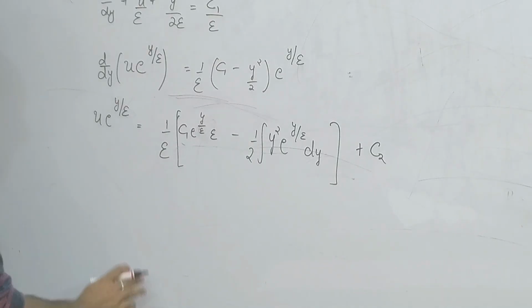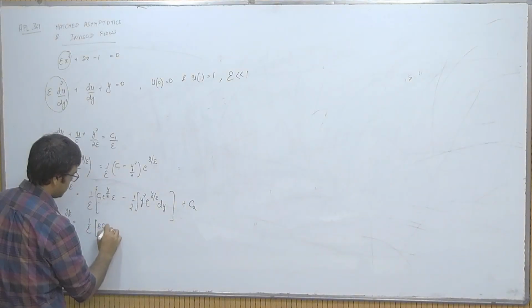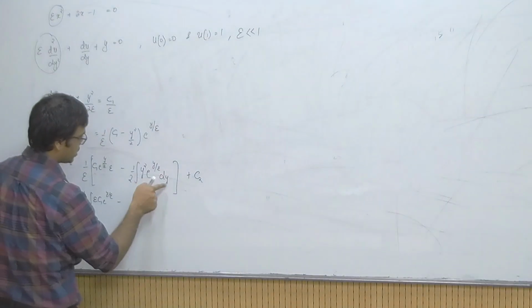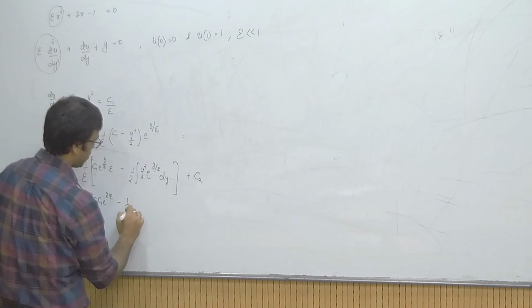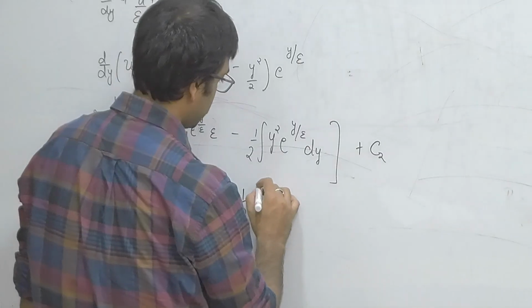Okay, so u e to the power y by epsilon equals, so this basically becomes simple, and what is y square e to the power y by epsilon?